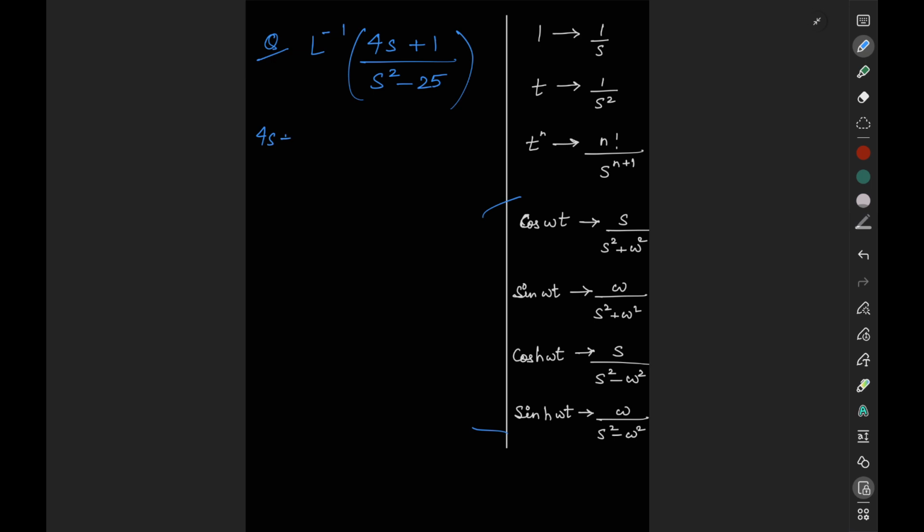So we will reduce it to that form. Now (4s plus 1) upon (s square minus 25) can be written as 4s upon (s square minus 25) plus 1 upon (s square minus 25).